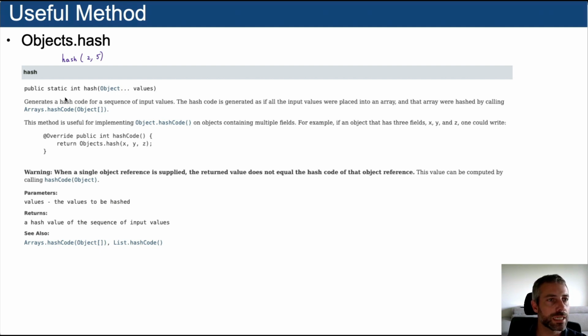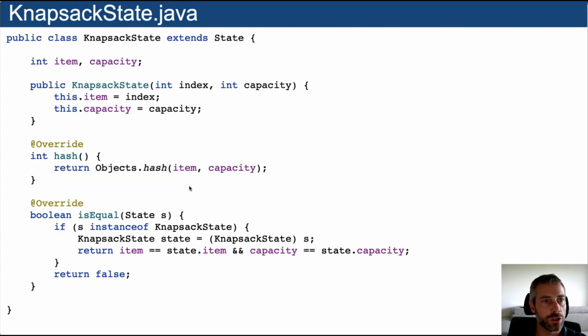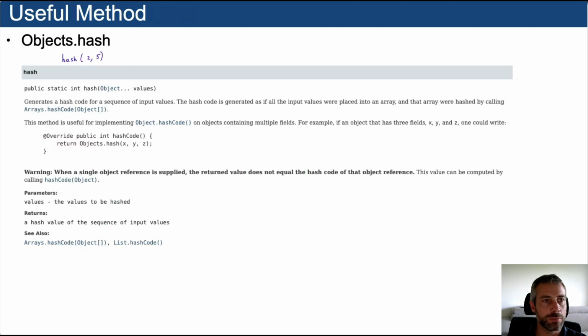Okay, and we rely on this hash function that is available in Java. But we could have implemented the formula ourselves. For instance, you could have done the item times the maximum capacity plus the capacity. Okay, that would also be a valid hash function.